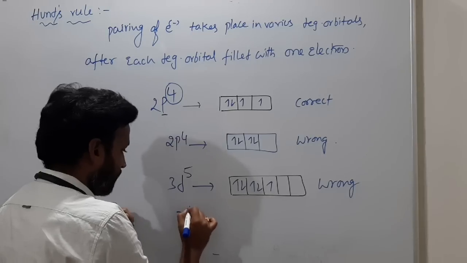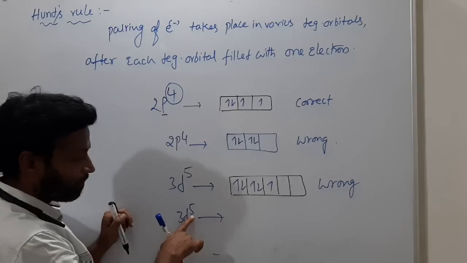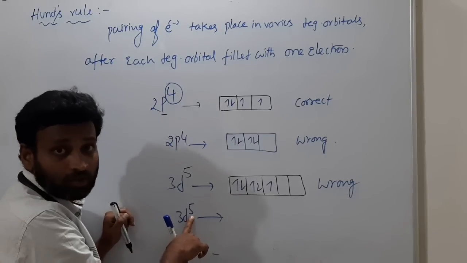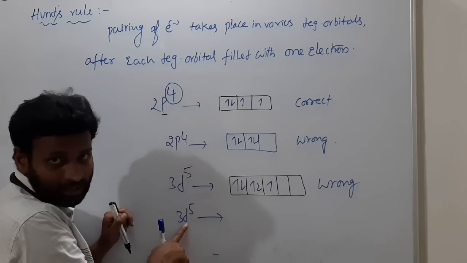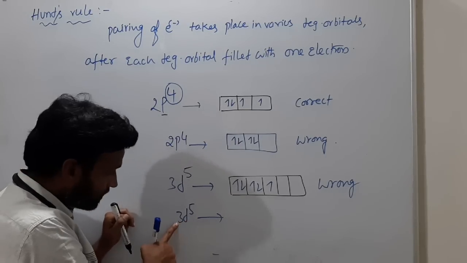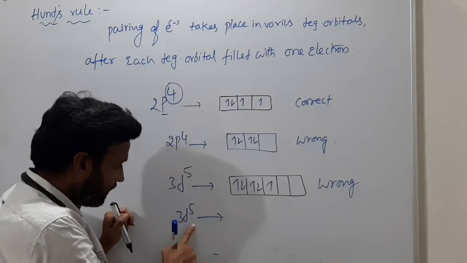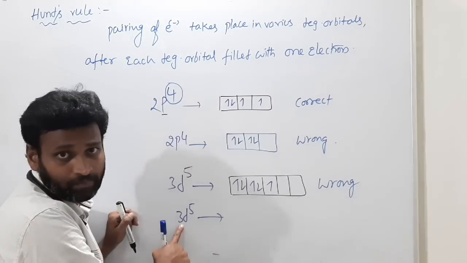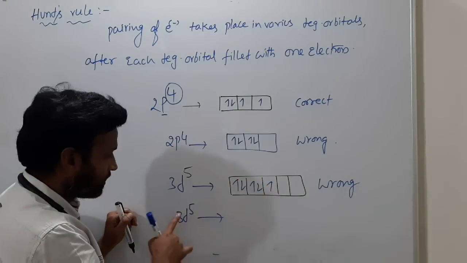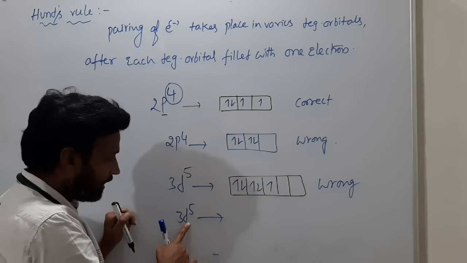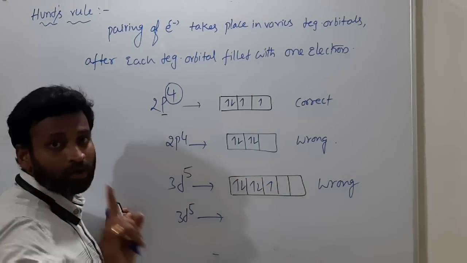So how to have 5 electrons? This 5 represents the number of electrons. This is the D subshell. Are you understanding? This 3 is the principal quantum number. Means this 3d belongs to the third shell: K, L, M, third shell. Understanding? D subshell, 5 is the number of electrons.